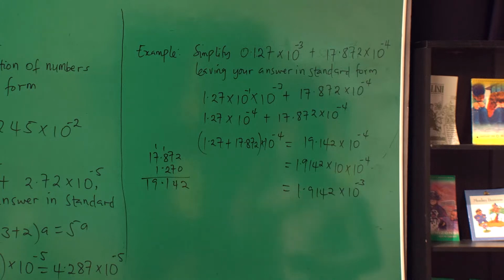So you either convert the first one to carry 10 exponent negative 4, or convert the second one to carry 10 exponent negative 3, to make them compatible. If we do that, we have our answer as 1.914 times 10 exponent negative 3. Any questions at this stage?